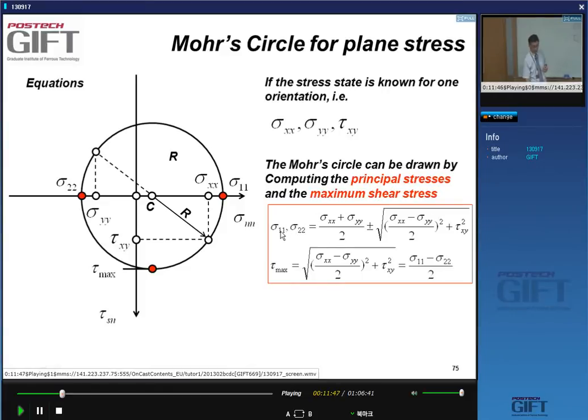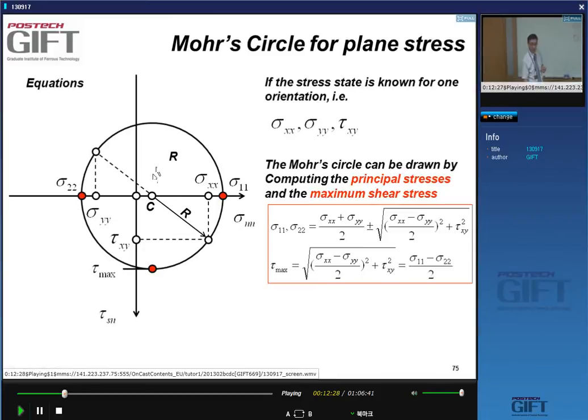You have two principal normal stresses, sigma 1 and sigma 2, which are given by these formulas, and the maximum shear stress is given by the mean value of these two principal stresses. So if I have a stress state, this point here has a sigma xx normal stress and tau xy shear stress.